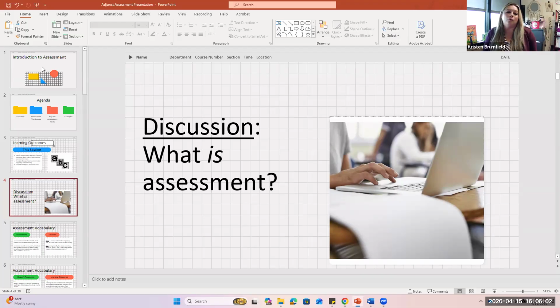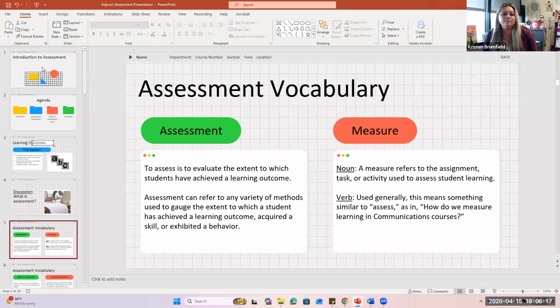And if you feel like you don't have a really good idea of it, it's just as simple as assessment being a way of evaluating. To get into the vocabulary, to assess is to evaluate whether students have achieved a learning outcome. So we're looking at, did they learn what we wanted them to learn?